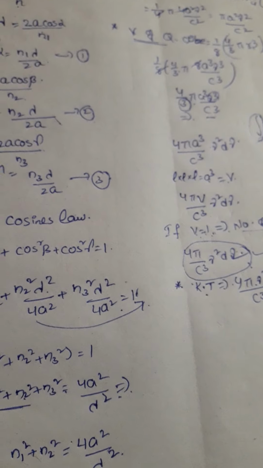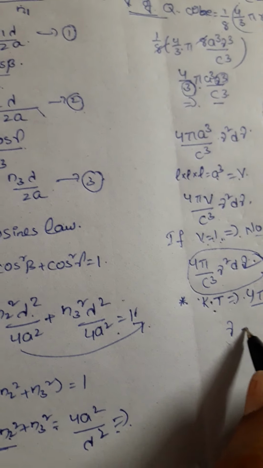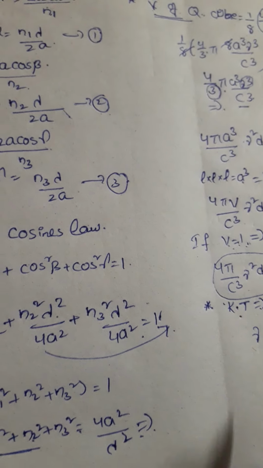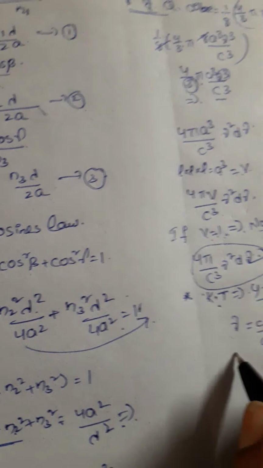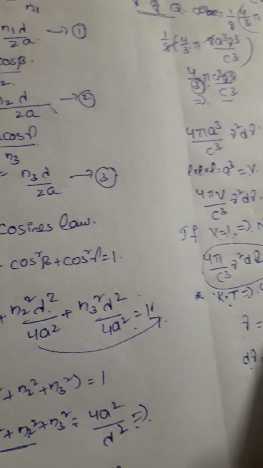Okay, next we are considering the μ value, that is μ equals c by λ. We do differentiation, that is dμ equals c times the differentiation of 1 by λ, which is minus 1 by λ² into dλ. Take this value and substitute in our kinetic theory relation.